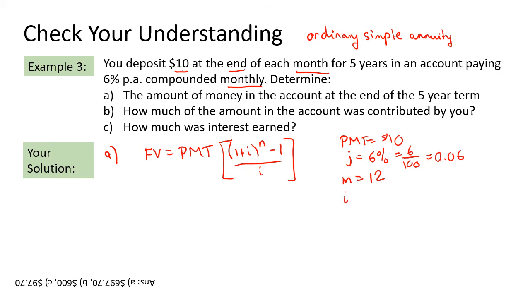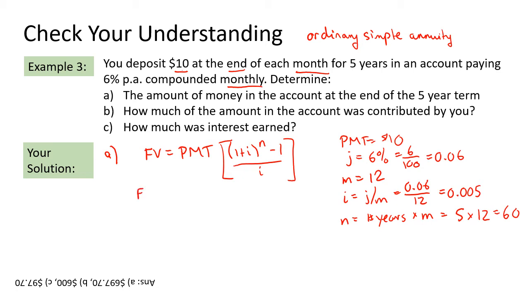So our periodic interest rate, I, is equal to J divided by M, which is 0.06 divided by 12, or 0.005. So in this case, N, number of years, times the number of compounding periods per year, because again, the compounding frequency and the payment frequency are the same. So that's equal to 5 years times 12 payments a year, or 60. Okay?